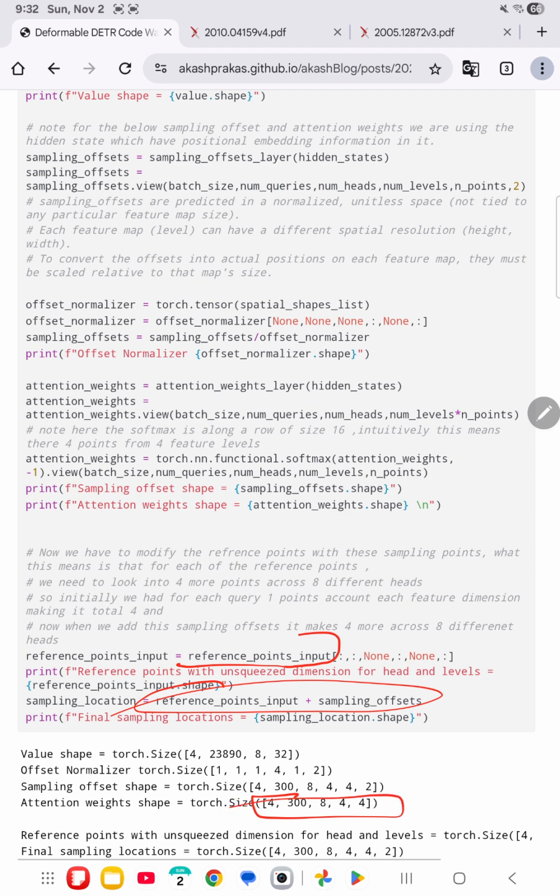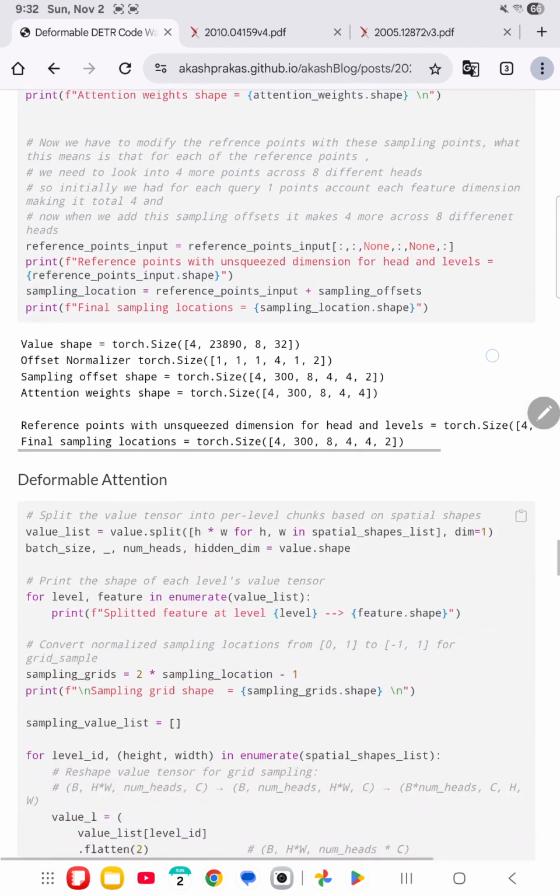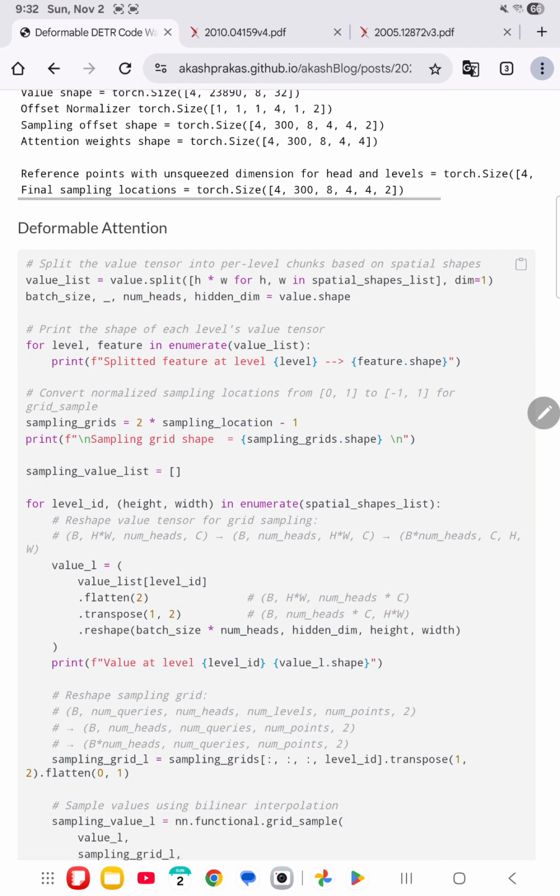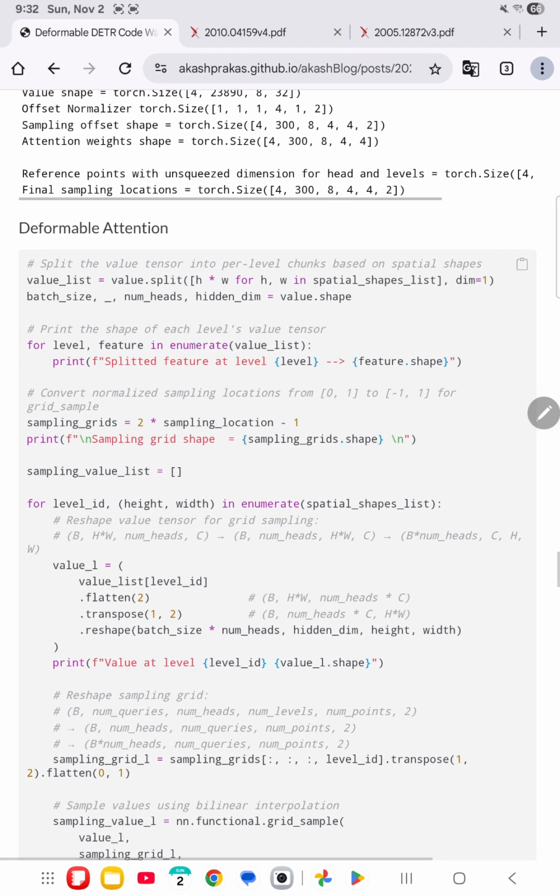These are the positions that we need to look into on the encoder side, same as what happens in the encoder. So across 8 heads, across 4 levels, we have to look into 4 points each, and we have the corresponding xy's of the points, and these are learnable xy's and learnable delta x's, delta y's.